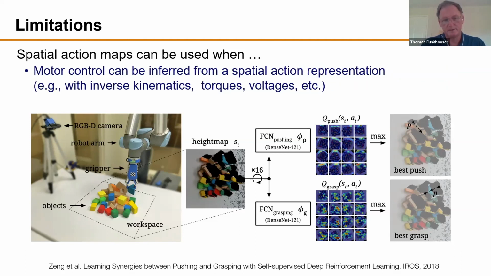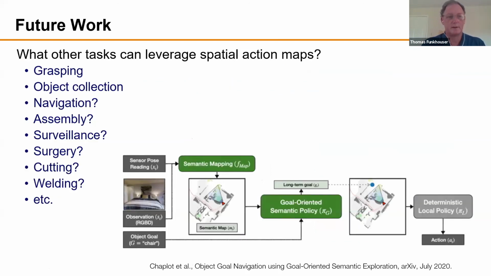As I said before, they're only appropriate when you can go from these action maps to actual physical actions, which may require having a controller that infers joint angles and torques and voltages and things like that. Okay, and so in future work, an interesting question is what is the range of tasks that can leverage spatial action maps? I already talked a little bit about grasping and navigation, but what else?